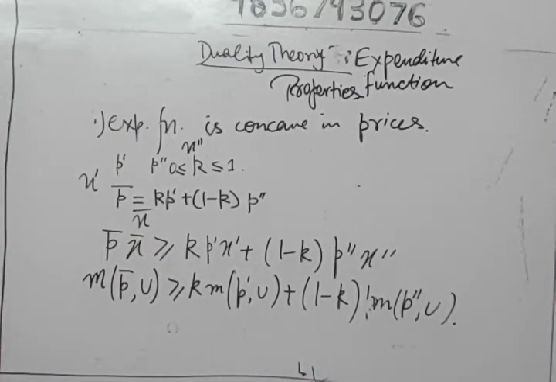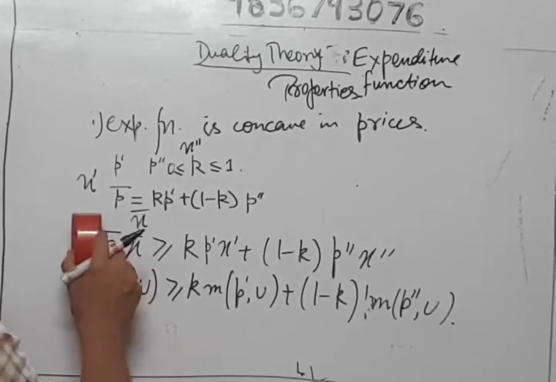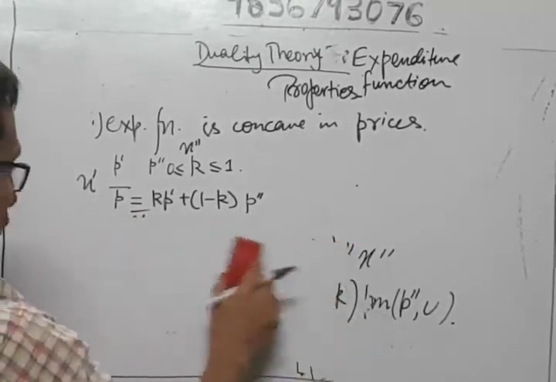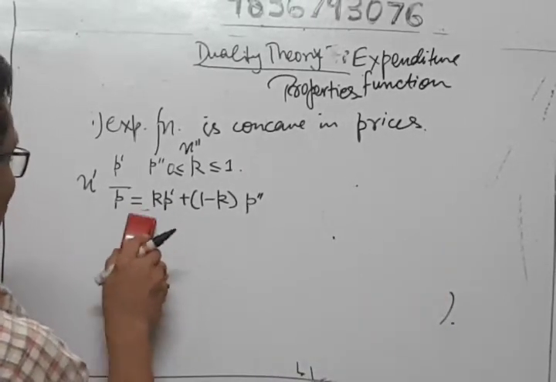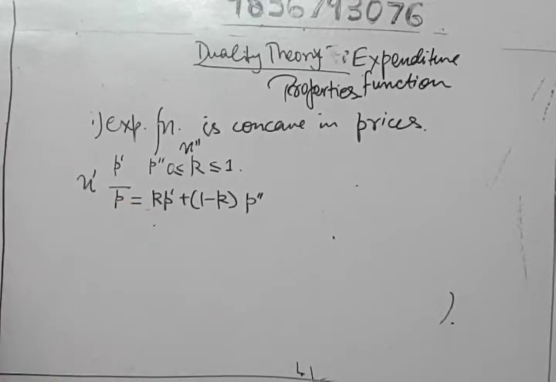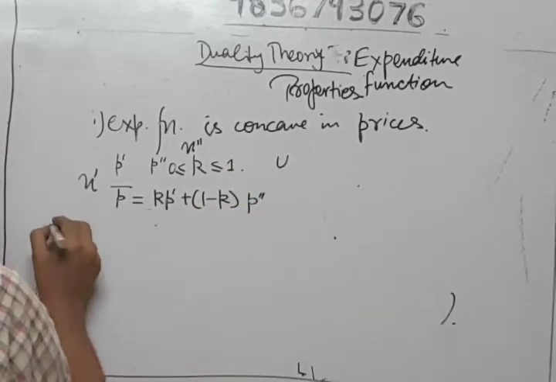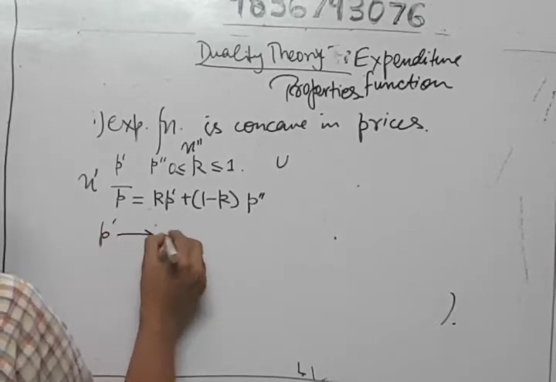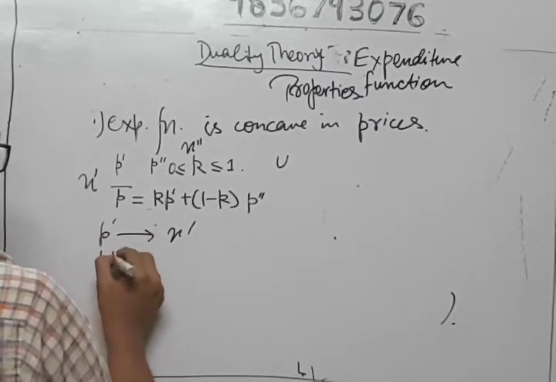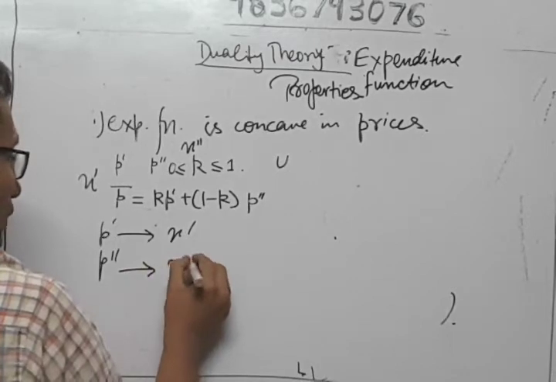Now the question is how we can actually prove this. So we can put this in the following way. As I have already mentioned, corresponding to the price vectors P prime and P double prime, X prime and X double prime are the cost minimizing consumption bundles subject to the given level of utility U. That means for P prime we have got X prime, which is cost minimizing, and for P double prime we have got X double prime.